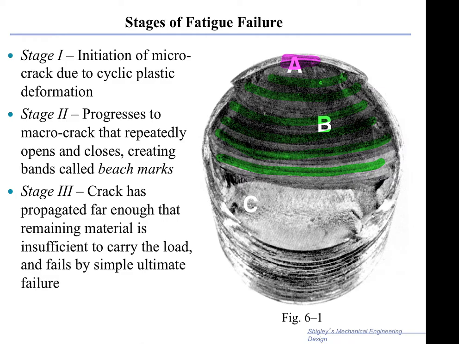And then as soon as the crack size reaches a certain level, so this whole area here is now cracked, the remaining part of the component, in this case a drive shaft, is not sufficient to carry the load, and you get ultimate failure as a result of void formation and interlinkage. So this is the traditional way that we understand qualitative fatigue failure.